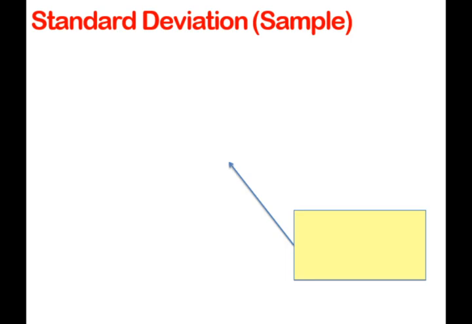That was the population standard deviation. Are both calculated using the same formula, or no? Will this one just be divided by sample size instead of the whole population?